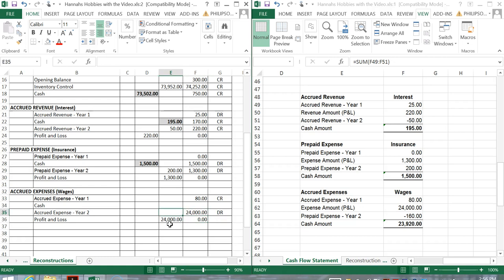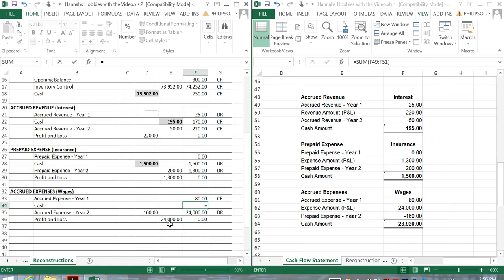Our accrued expense year 2 from our balance sheet down to our liabilities, $160. It's a liability. It would normally be a credit, but we're working backwards, so we put that 160 into debit. So in order to arrive at this balance after a $160 debit, this figure here must have been less.